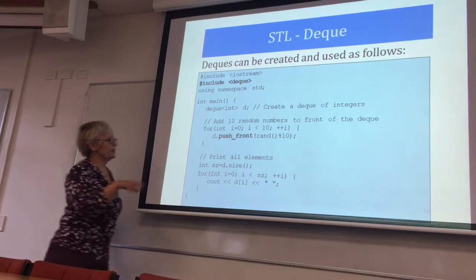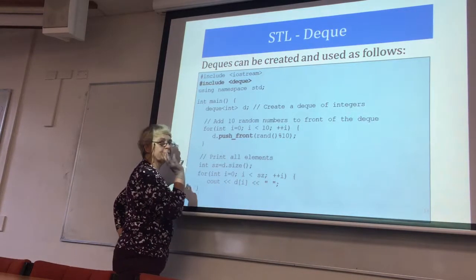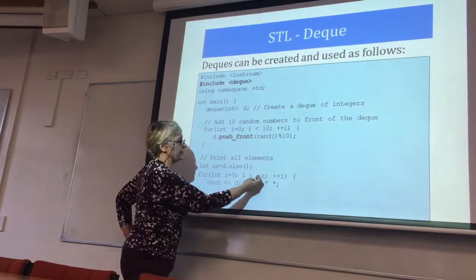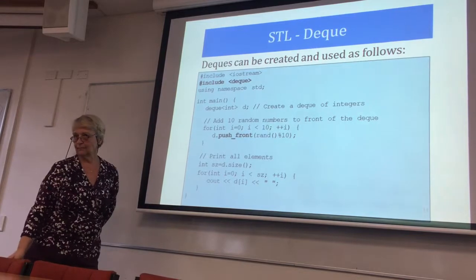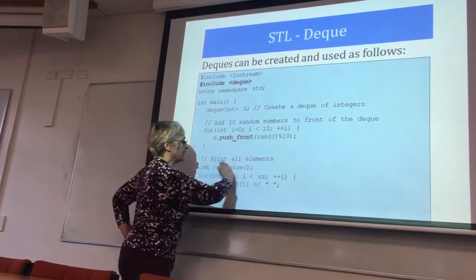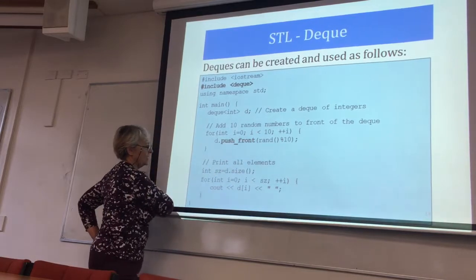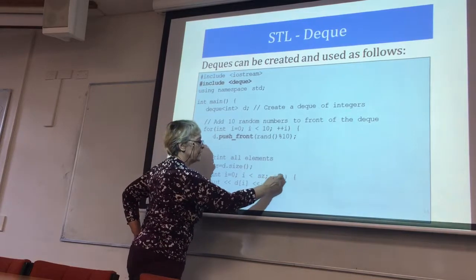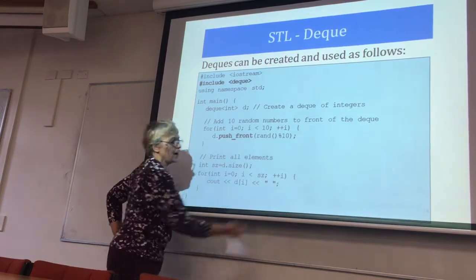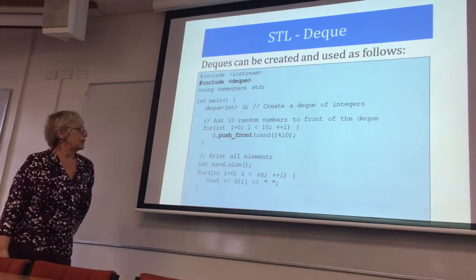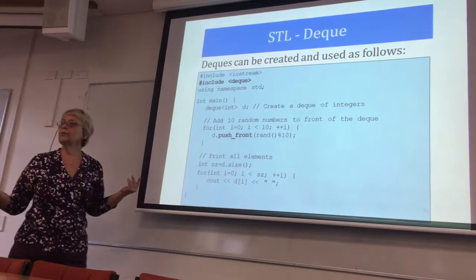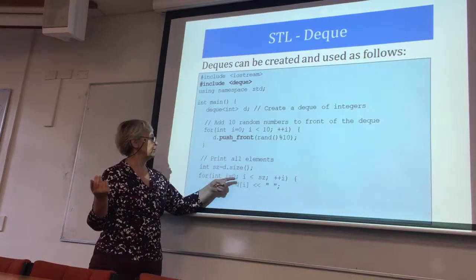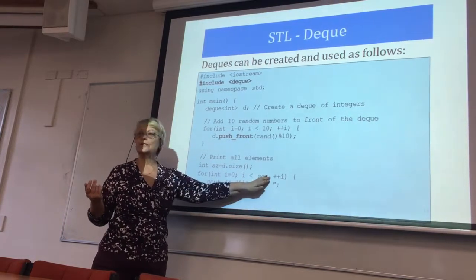I prefer, and I recommend you to use this approach. You will see a lot of examples. Sometimes I forget myself, and I put i less than d.size. I can say for, I can skip this. And I can say for integer i = 0, i less than d.size, increase i, display d[i]. If you go through this for loop 5 times, it doesn't matter whether you put it like this or put size here straight.